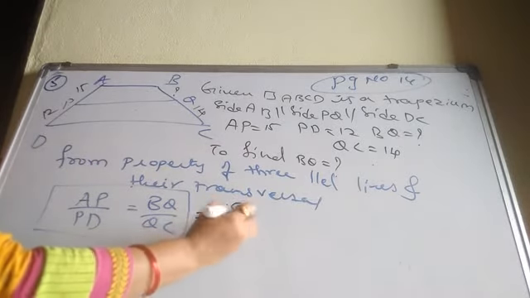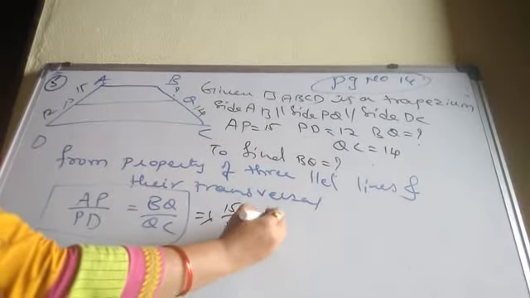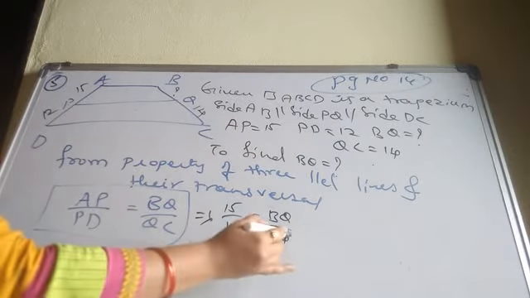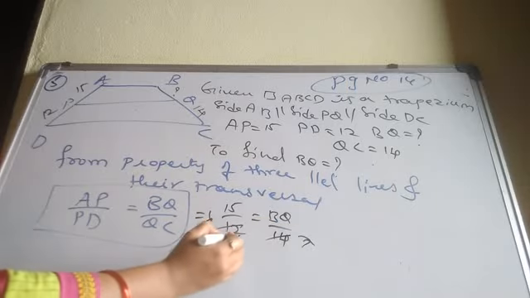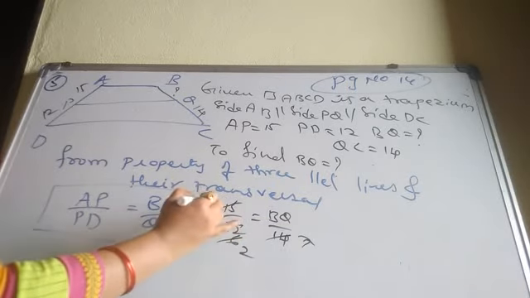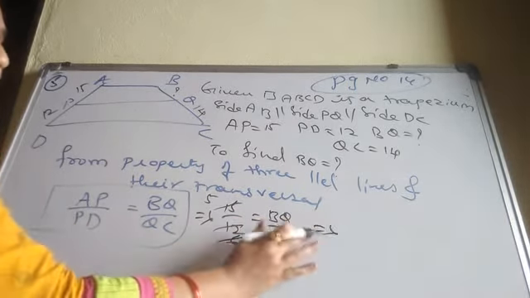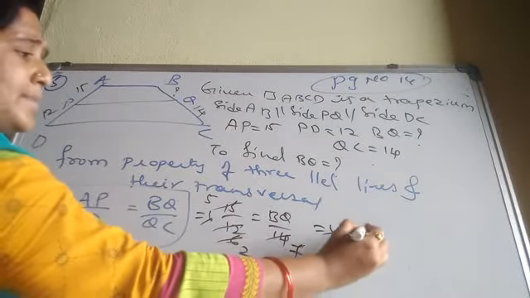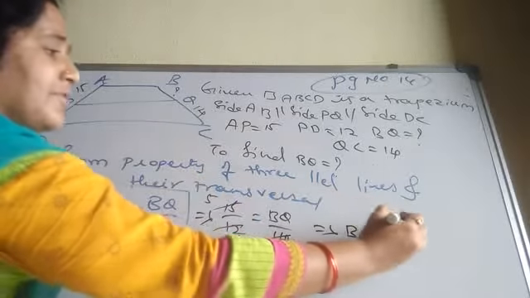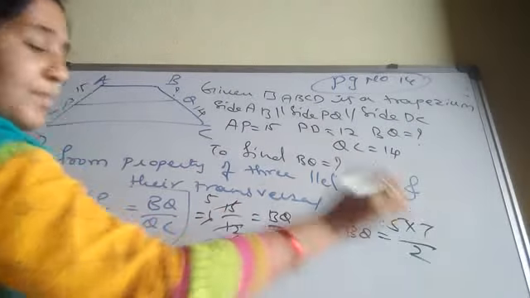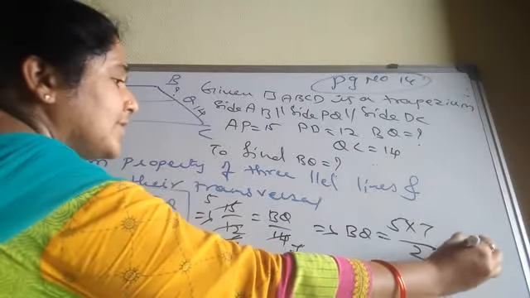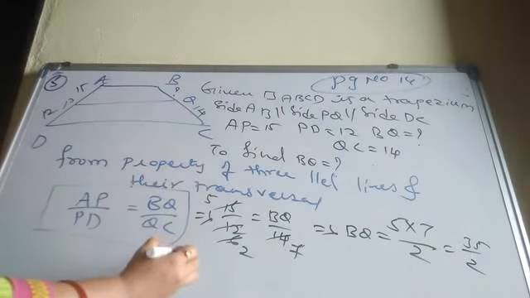AP is 15, PD is 12, we are finding BQ and QC is 14. 3 fives are 15, 3 fours are 12. Here this one 7. Cross multiply. BQ equal to 5 into 7 upon 2. 35 upon 2.